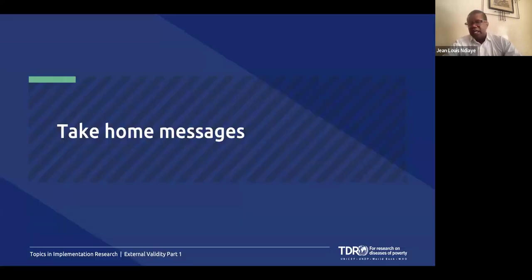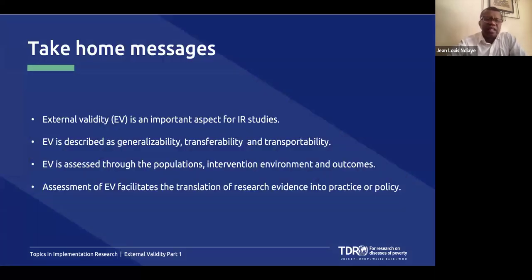In summary, the take-home message is that external validity is a key element of an implementation research study. It can be described as generalizability, transferability, and transportability: coming from a particular context where you did the study, to where these results could be generalized, transferred, and transported.